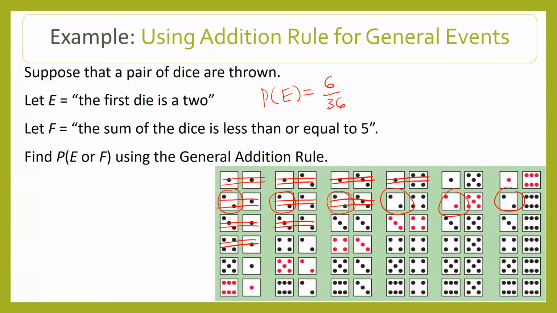We've exhausted the whole thing. So how many are these? 1, 2, 3, 4, 5, 6, 7, 8, 9, 10. So the probability of F will be 10 over 36.